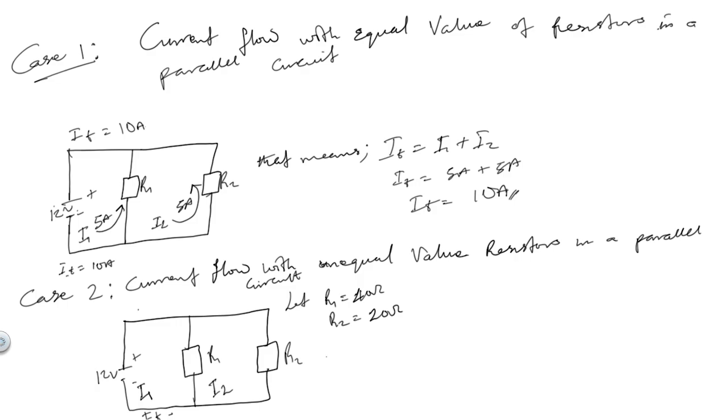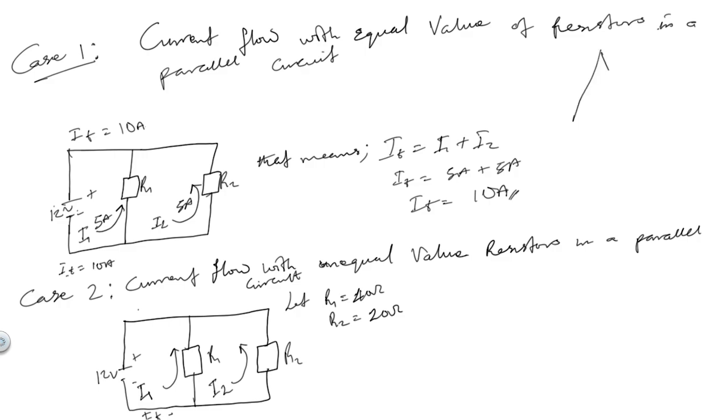So what do we do to find the current flowing in each of those branches, in I1 and in I2? Remember our triangle before?